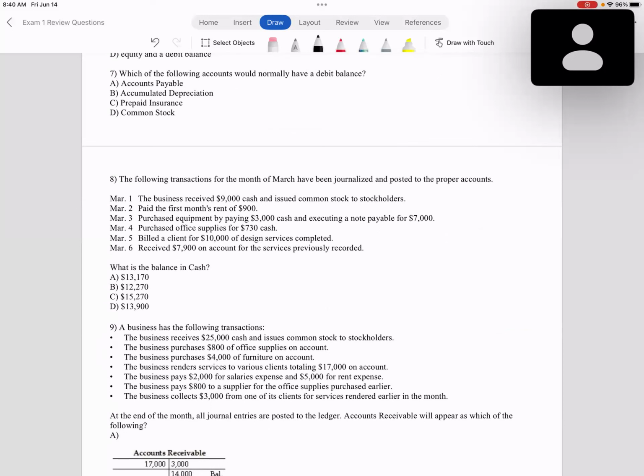Prepaid insurance, there you go, that one there. Prepaid insurance is an asset. It's a resource to the business. It means we don't have to pay insurance into the future because we paid it early. And then common stock is an equity, so that would have a credit balance. So really, those other 3 have credit balances. This is the only one here that has a debit balance. Okay.